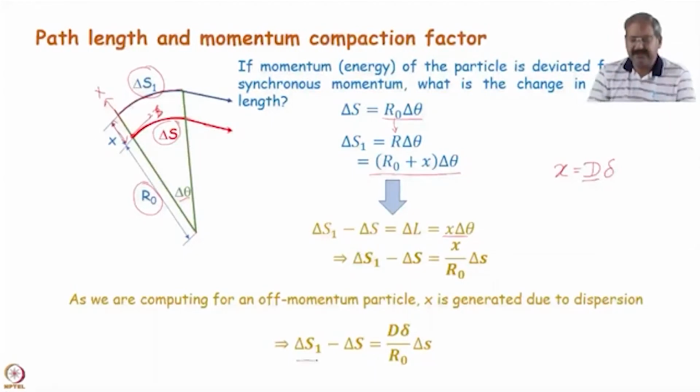So delta s1 minus delta s, that is the change in path length compared to the synchronous particle, is D delta upon r0 times delta s. D is the dispersion. So dispersion or the bending magnet actually comes into the picture when we want to calculate how much path is changed. And this changed path actually causes the change in revolution time. It means dispersion plays an important role in longitudinal dynamics also.